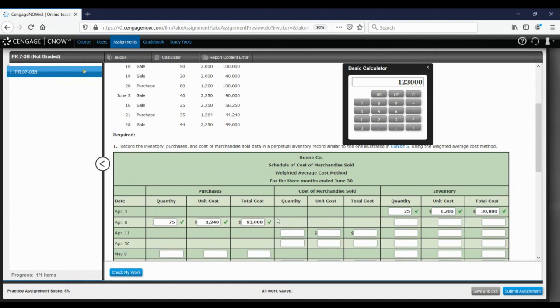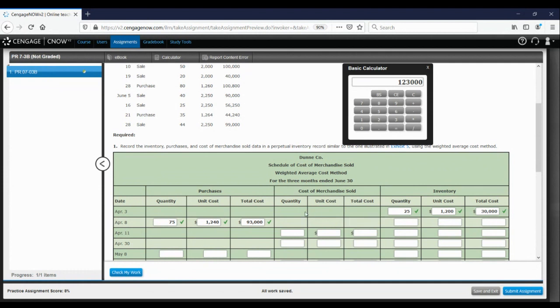And what I'm going to do is I'm going to divide that by the amount of inventory that I have on hand right now. I had 25 units from the April 3rd transaction, or what we brought forward from before. I had 25 units.